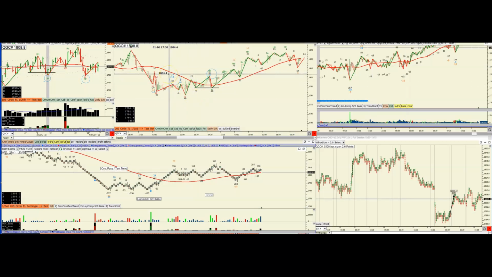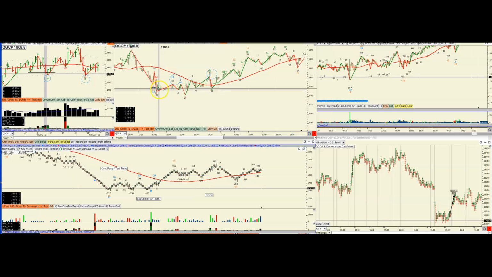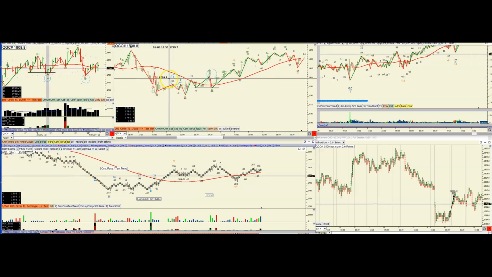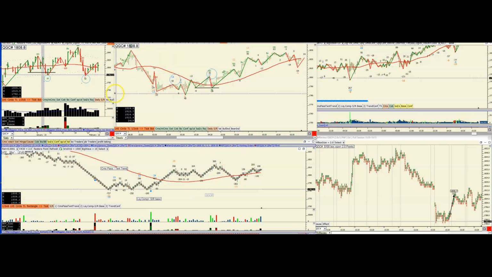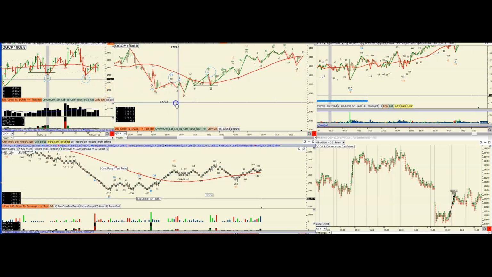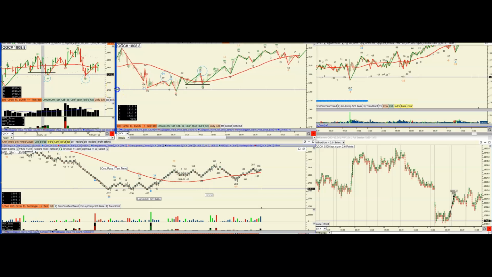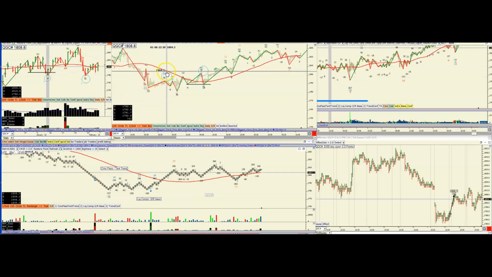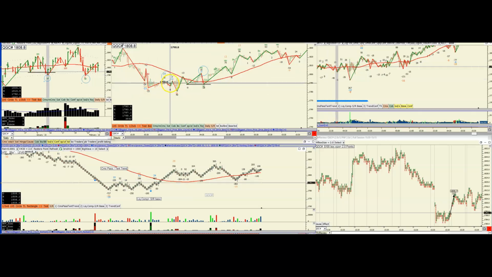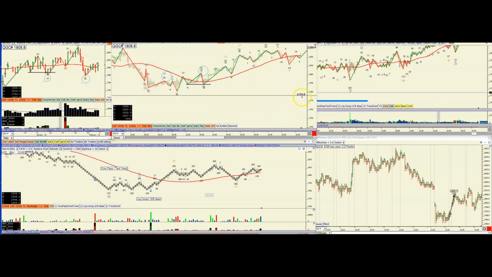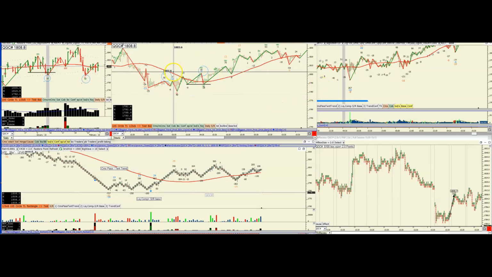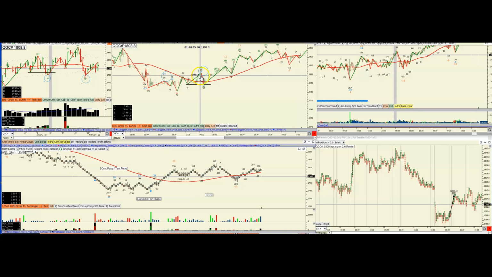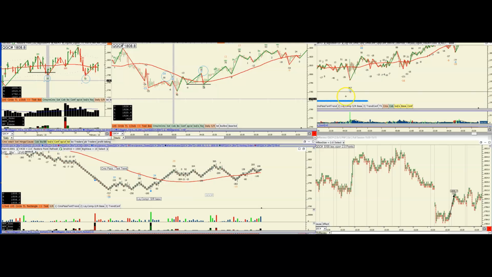So the key thing to recall here is that on the hourly chart, you have all this buying pressure that is unveiled. All this buying pressure came from the spring position, and it made a higher high. Yes, it was an upthrust position. It didn't have follow through, but it made a higher high.